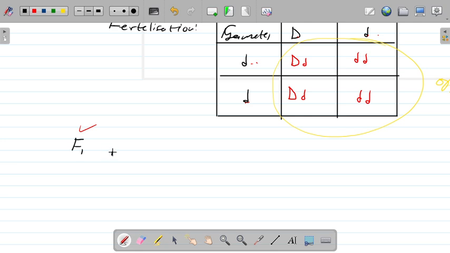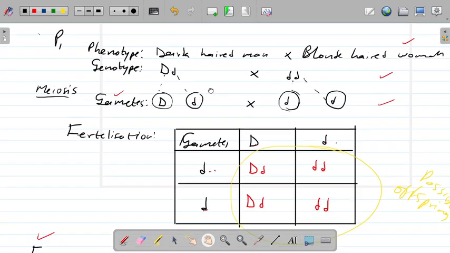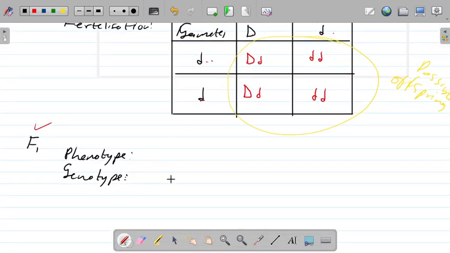Notice the offspring have a phenotype and a genotype. If the question says represent the probability, that means as a fraction.